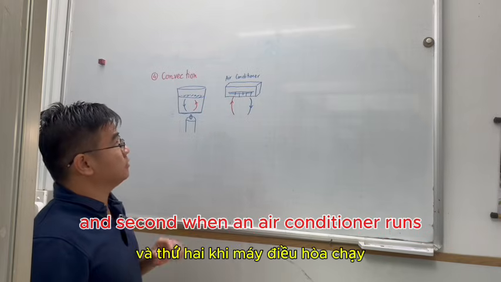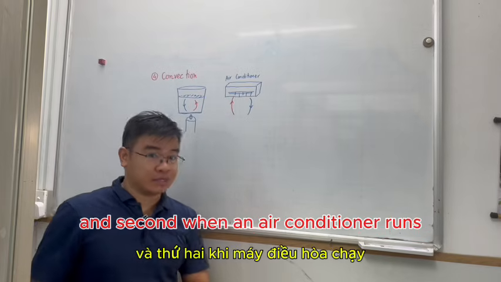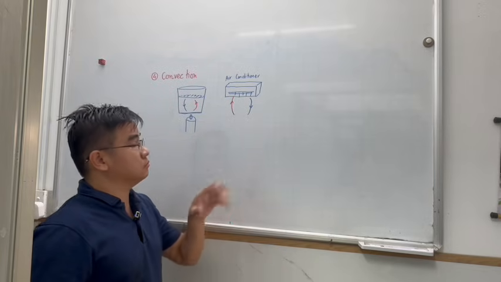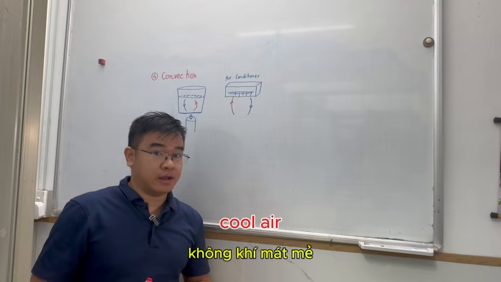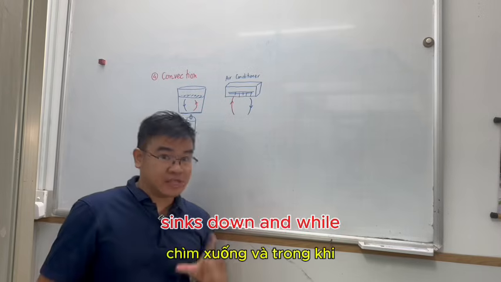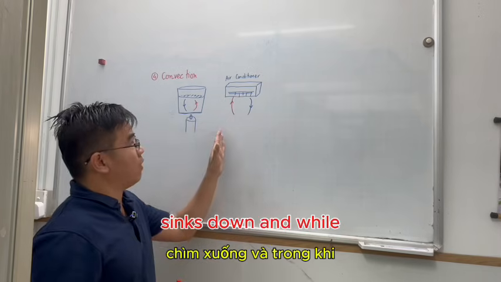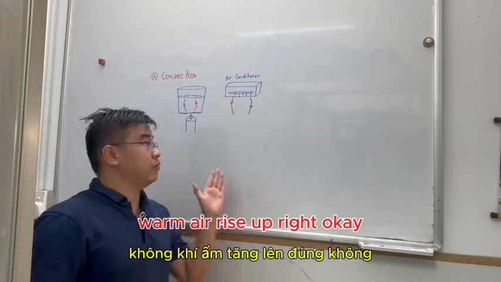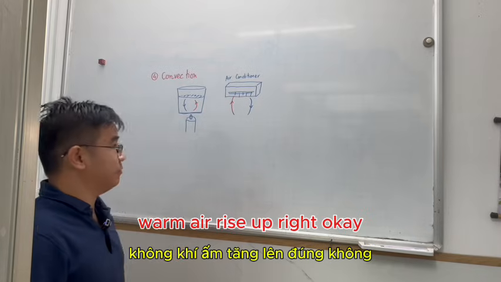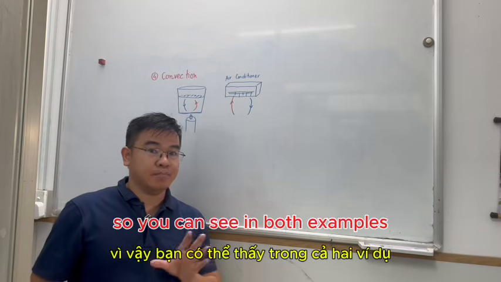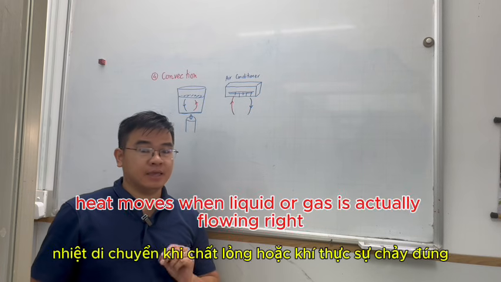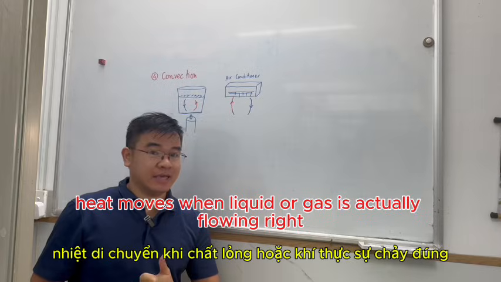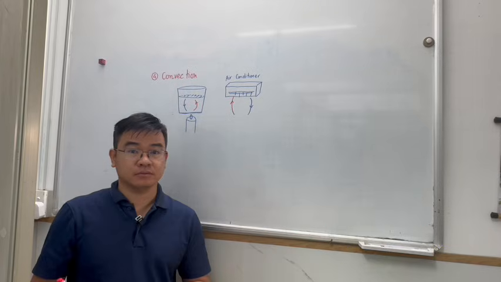And second, when an air conditioner runs, cool air sinks down, while warm air rises up, right? Okay, so you can see in both examples, heat moves when liquid or gas is actually flowing, right?